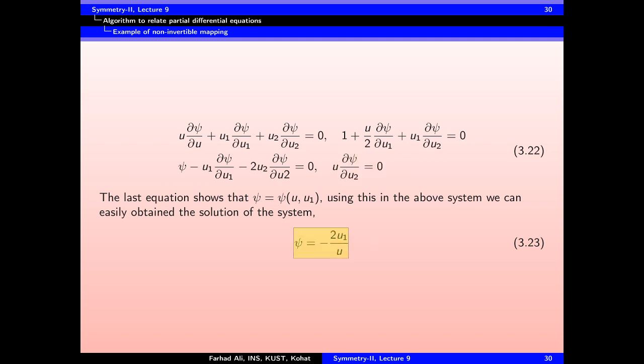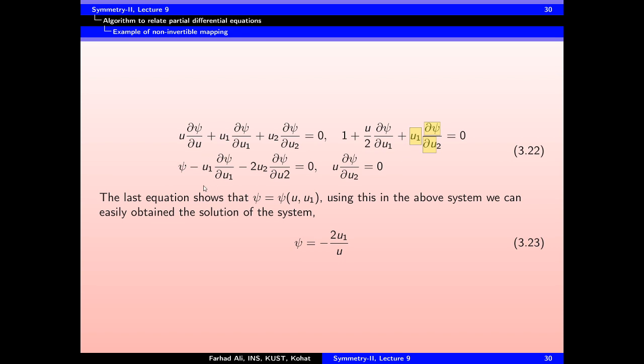Students are advised to put in a little bit of effort here. Put this function as only a function of u and u1. So this term is 0. This term is 0. This term is 0. So you are left with two terms here, two terms here, and two terms here.